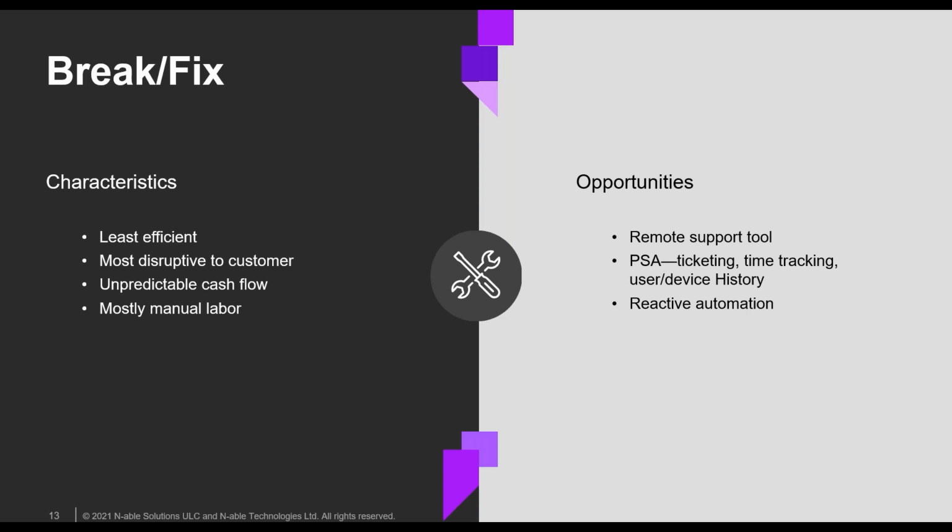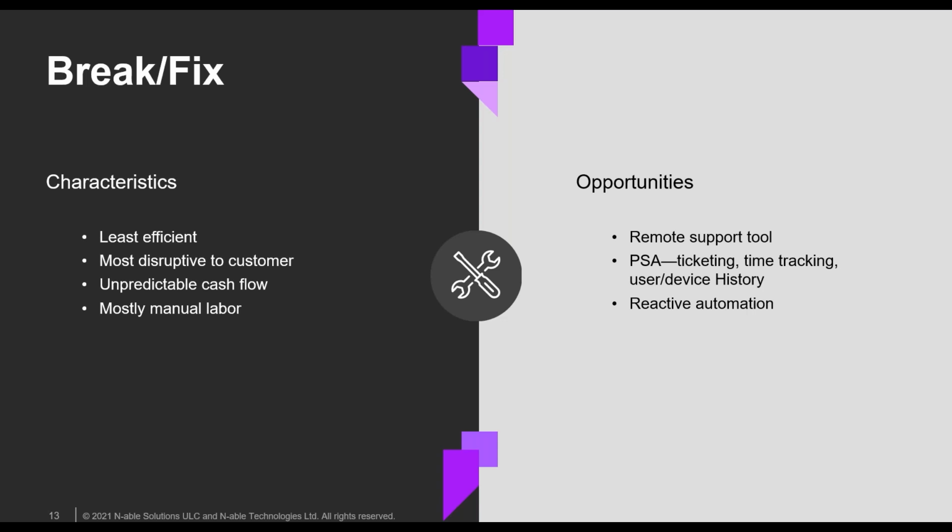So when we look at the characteristics of a break fix partner, where they are calling in on a ticket by ticket basis or a problem by problem basis, they are requesting on-site work more often than not just because of sheer necessity, right? We see that these are our least efficient end users.